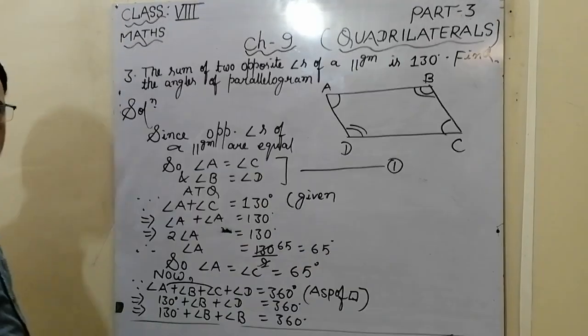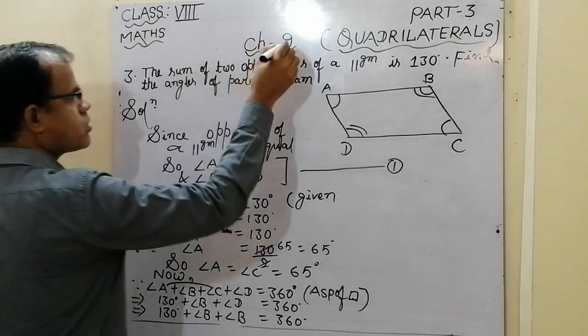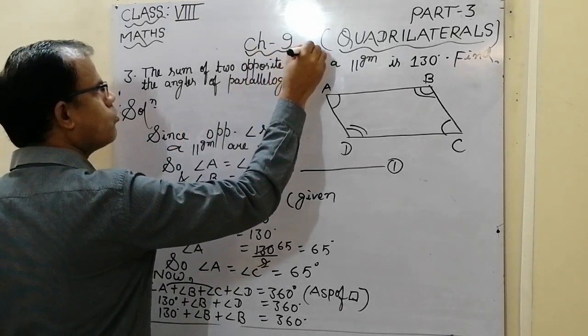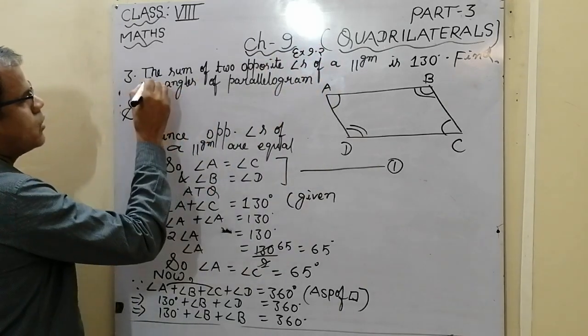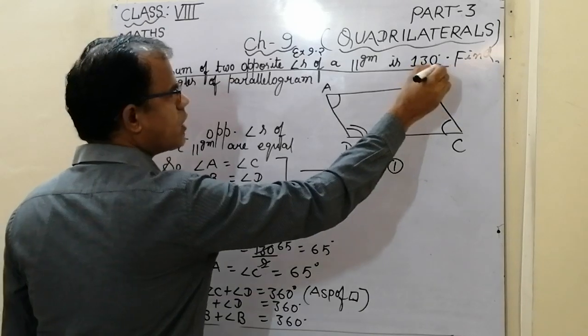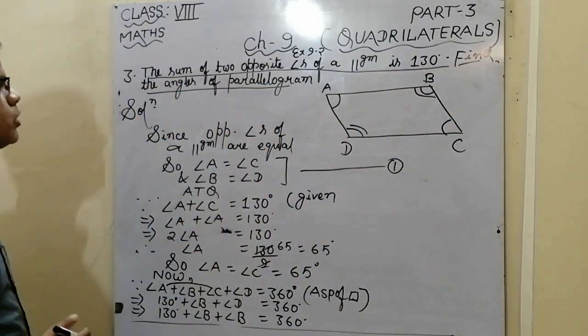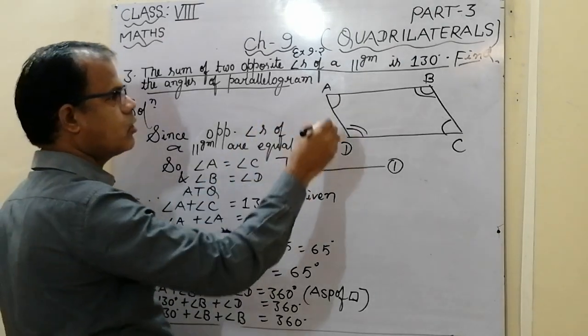Okay. Yes students, next question, exercise 9.2, question number 3. The sum of two opposite angles of a parallelogram is 130 degrees. Find the angles of the parallelogram. So look here, we draw this parallelogram.